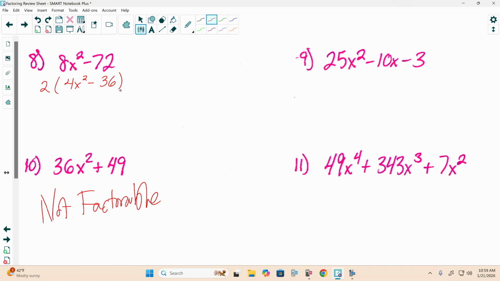Now I said a minute ago that the calculator gave us a hint at what the numbers are, especially that square root of 2. Well, you don't have to write it down at this point. It's our difference of perfect squares, a plus b times a minus b, yes? Well, what times itself is 4x squared?